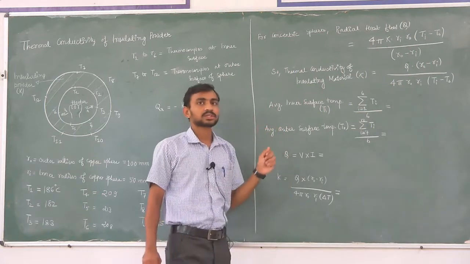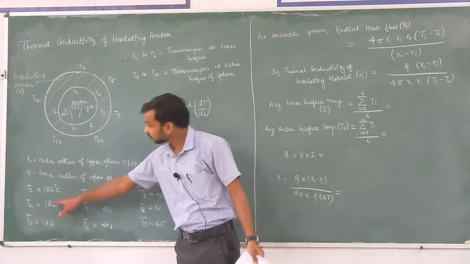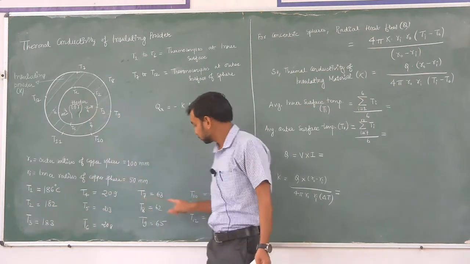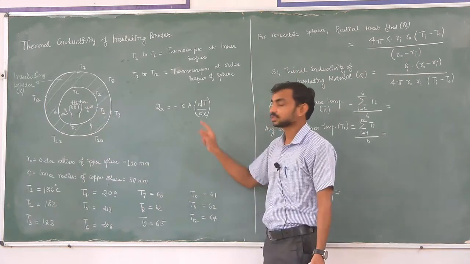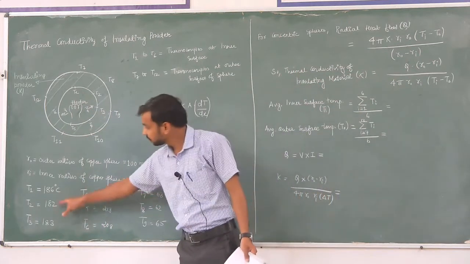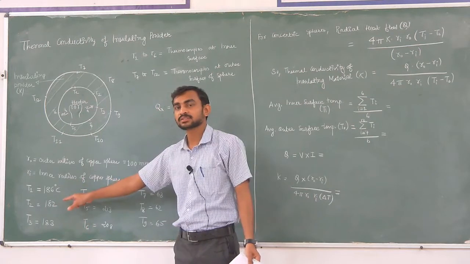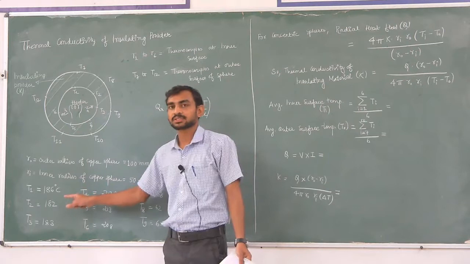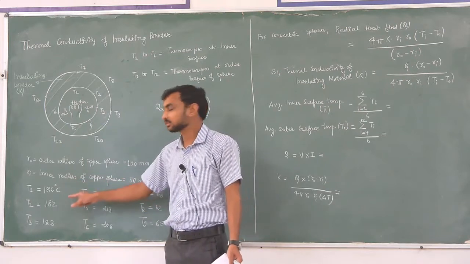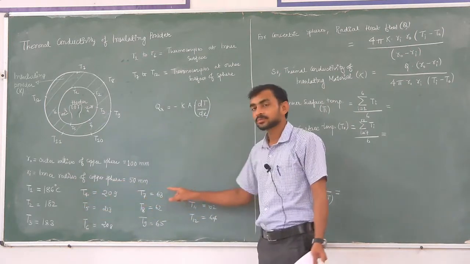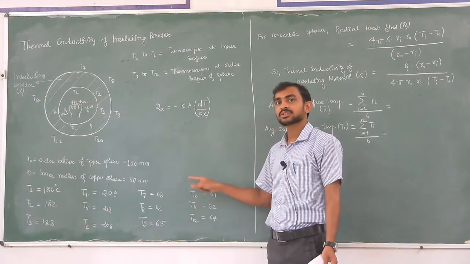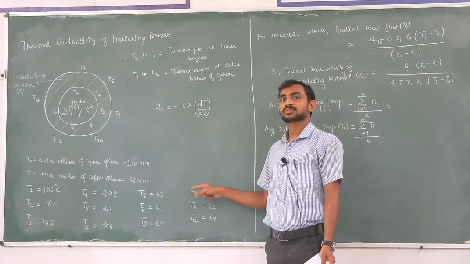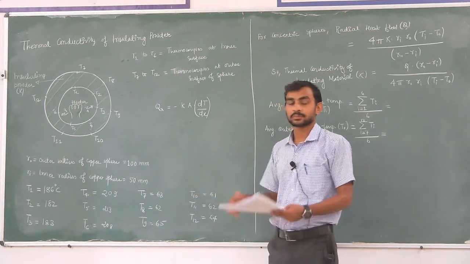So, in the present case these thermocouple readings are at the inside sphere and these 6 readings are at the outside sphere. If we take the mean of these 6 thermocouples on the inside surface, we will get the average temperature at the inside surface. And if we take the average of these 6 readings at the outer surface, we will get the average temperature at the outside sphere.